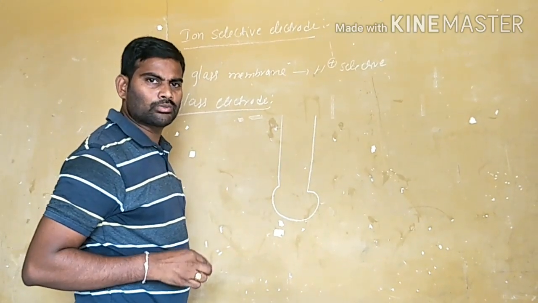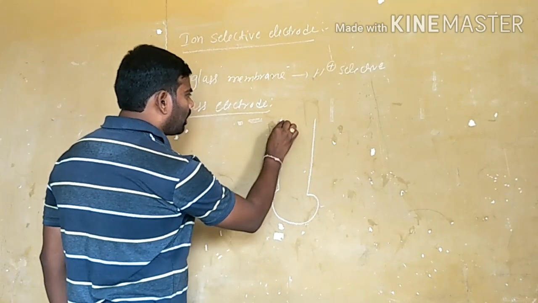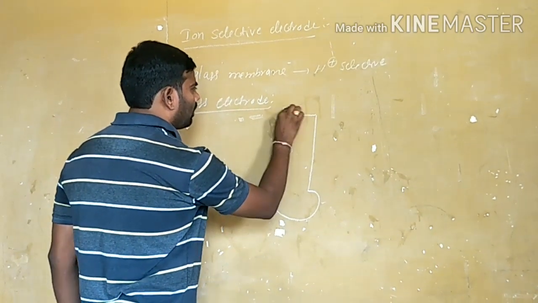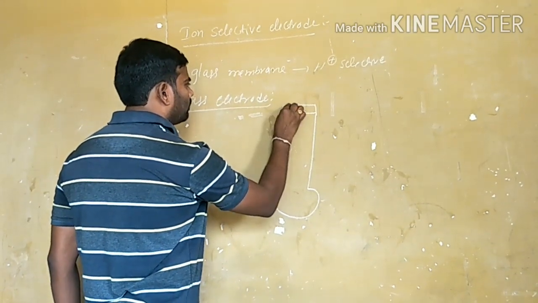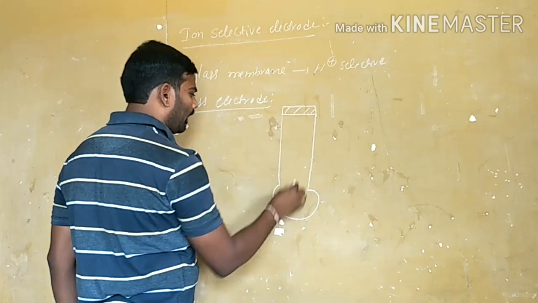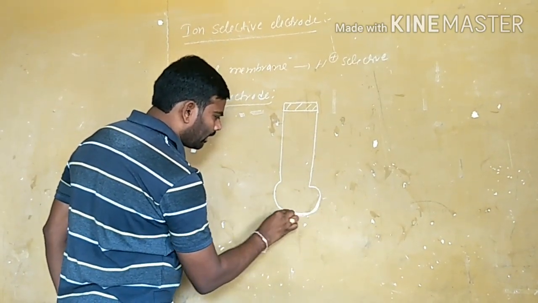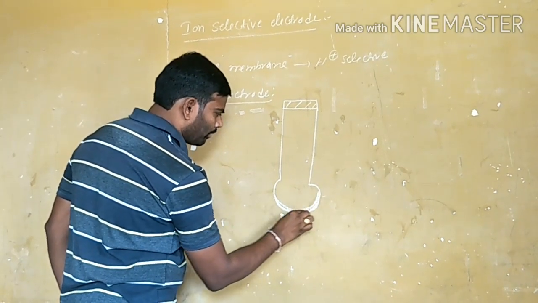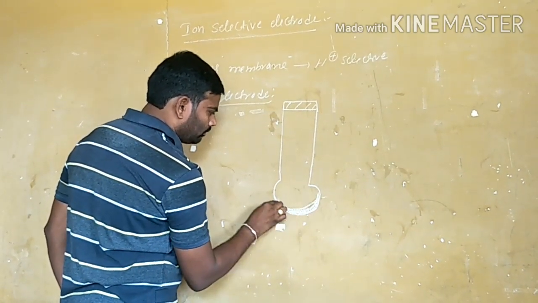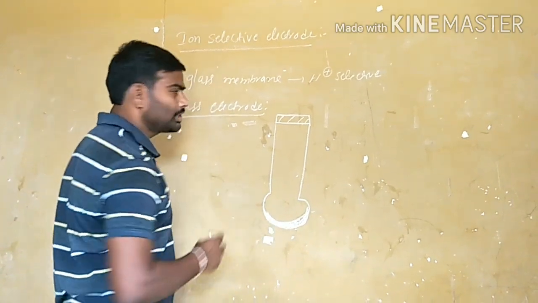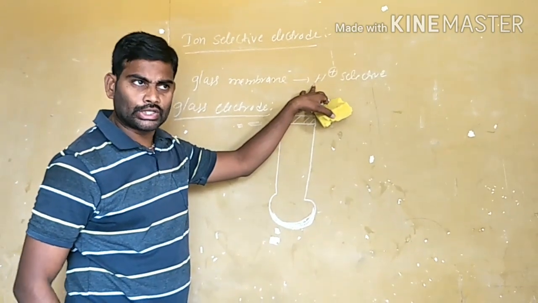The bottom acts as a membrane. This glass membrane is only H plus ion selective.